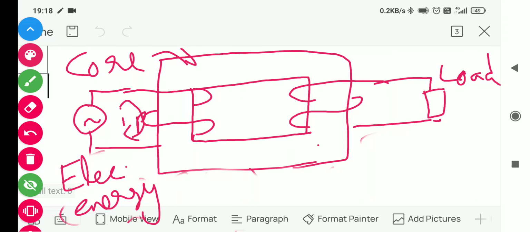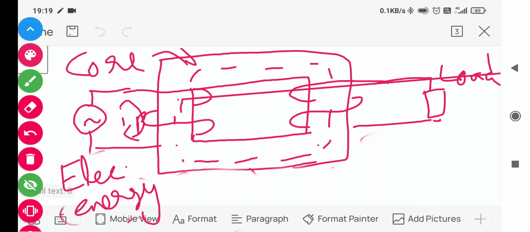Now, the question may arise that the input is AC, a time varying current. So what about the nature of the flux? The flux will also be a time varying flux. So basically, we have the electrical energy input, and then we have the magnetic flux which passes from primary to secondary. Initially we have electric, then we have magnetic.